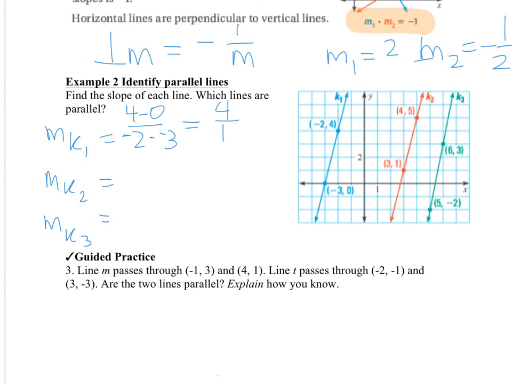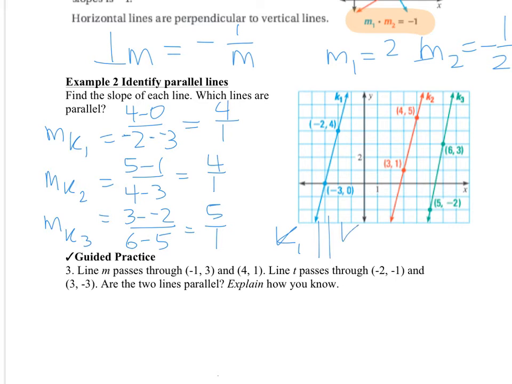K2 we have 5 minus 1, 4 minus 3. Okay, so K1 is parallel to K2.